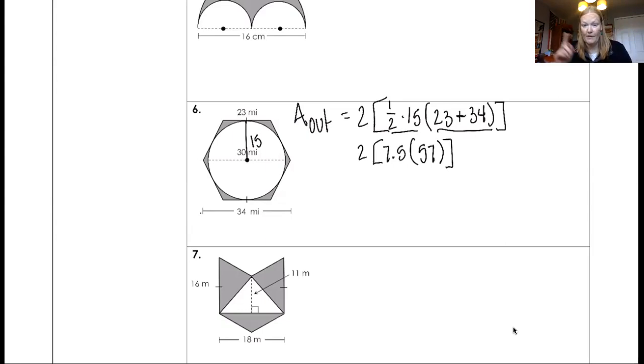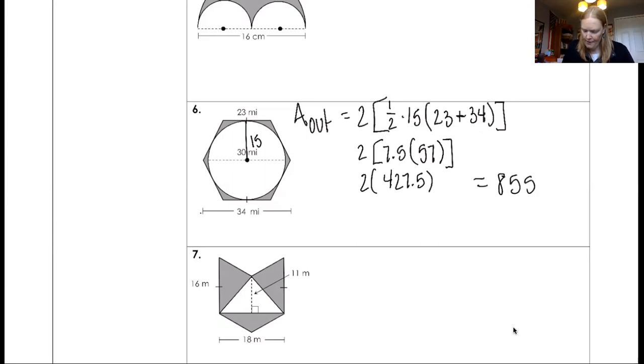So I've got to multiply 7.5 times 57 to get that answer. So 7.5 times 57 tells me that each trapezoid has an area of 427.5 square miles. But I've got 2 of them, which is why there's the times 2 on the outside. So when I multiply those two together, my outside area is 855.